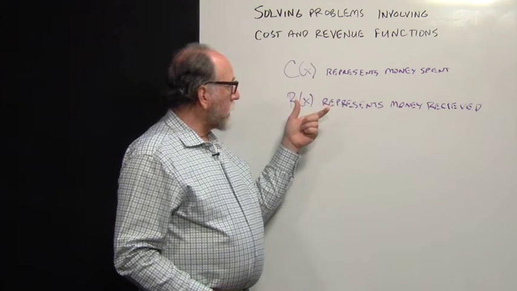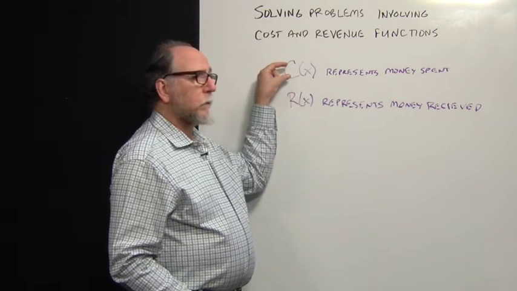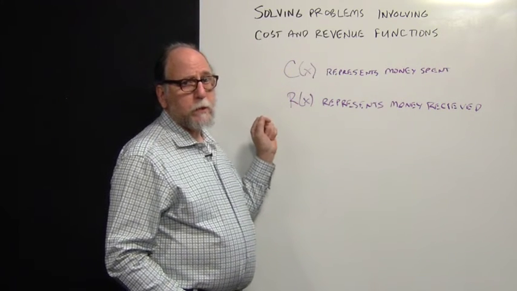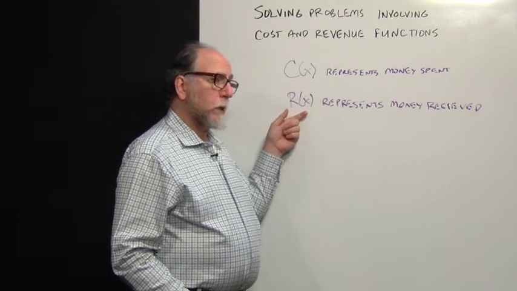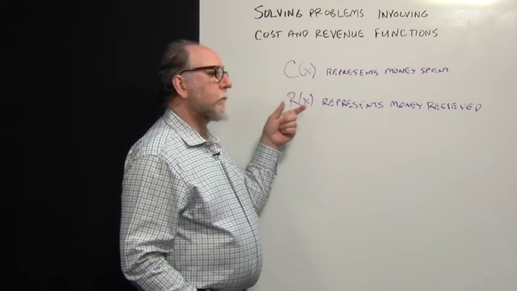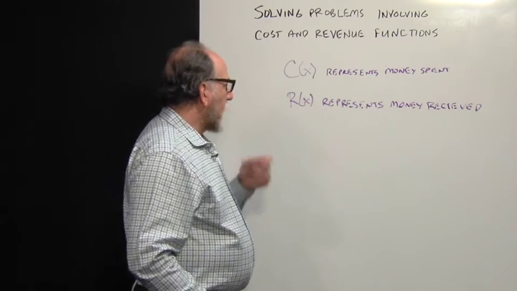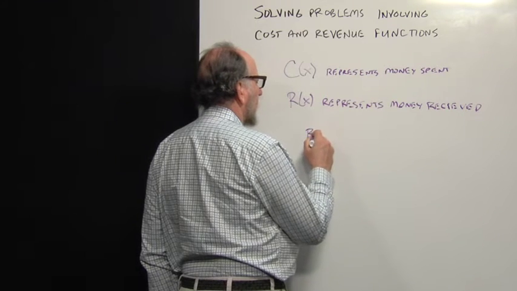So they're obviously closely related, because you have to cover the money you spend with the money that you receive. If you receive more money than cost, you're making a profit. Until then, you have not made a profit. And when they meet, it's called the break-even point.